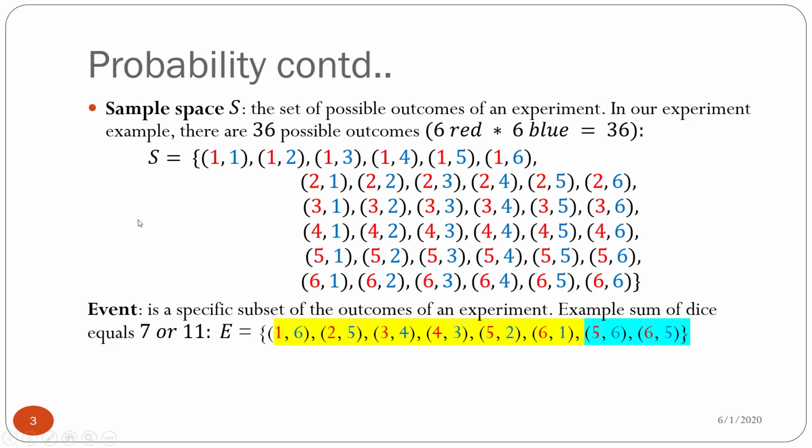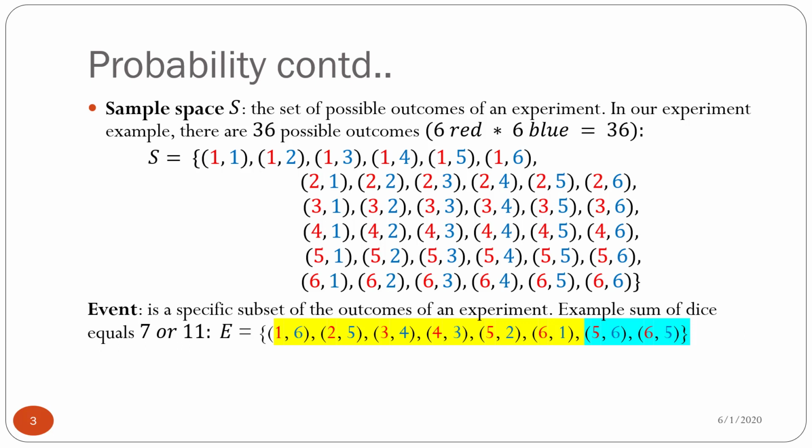Now when you have sample space, then there's something called an event. So an event is something we are interested in, and we want to find out the probability of that event happening. So this event is also slightly complicated, and all these things we are doing with an assumption that you have some background in probability, and the purpose right now is to brush up your concepts of probability.